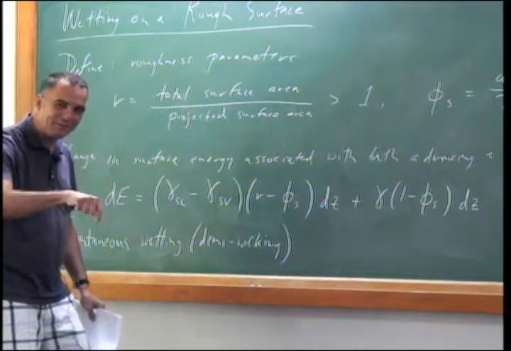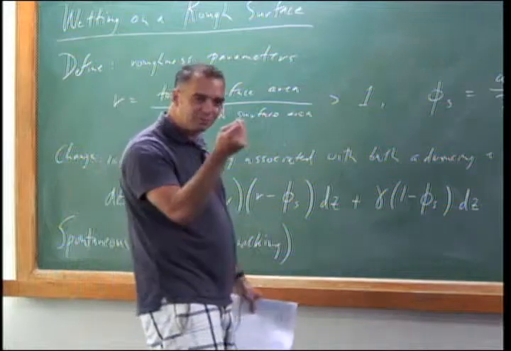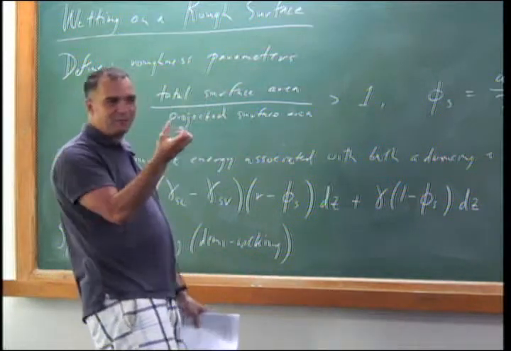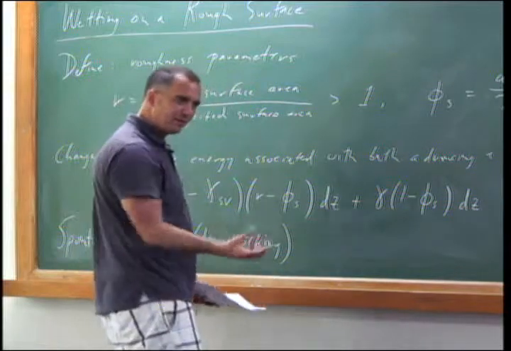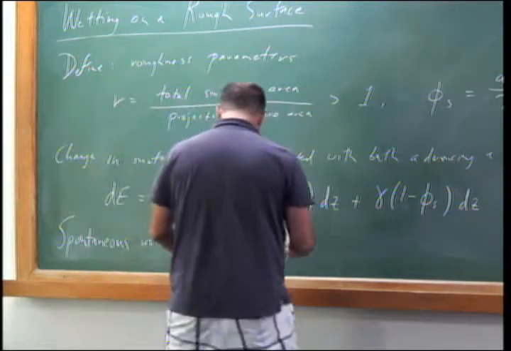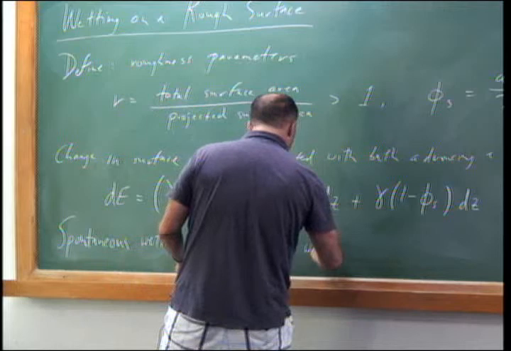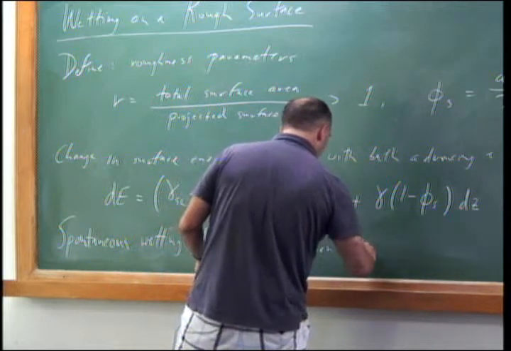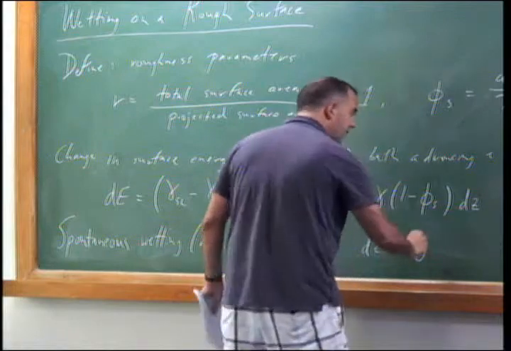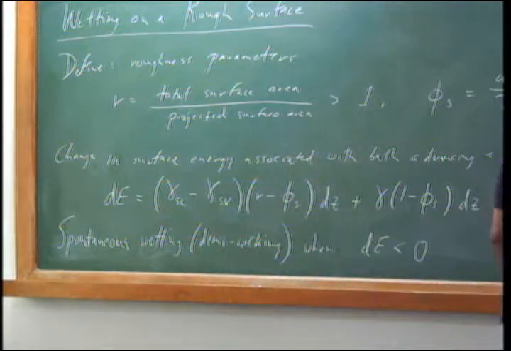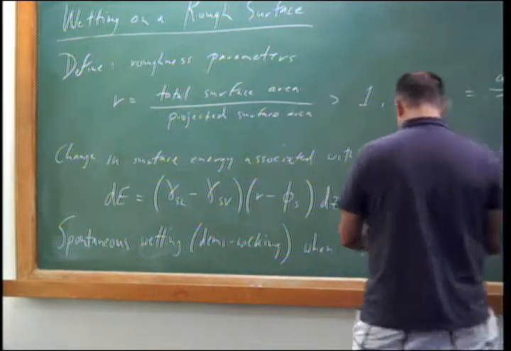I think we went through this. When you have a candle, fluid is drawn spontaneously up, and it's because it's very fibrous and very rough, and the capillary action pulls the stuff up. So this is wicking when this change of energy is less than 0. So if it's energetically favorable for the fluid to climb, then it will do so.